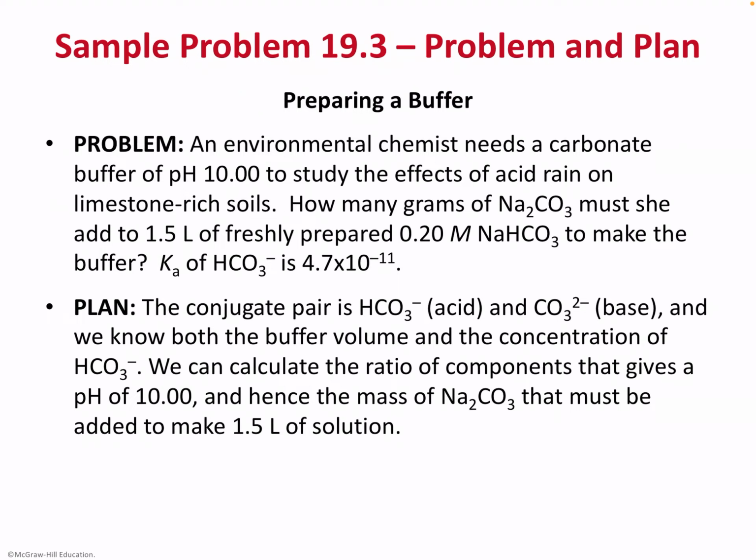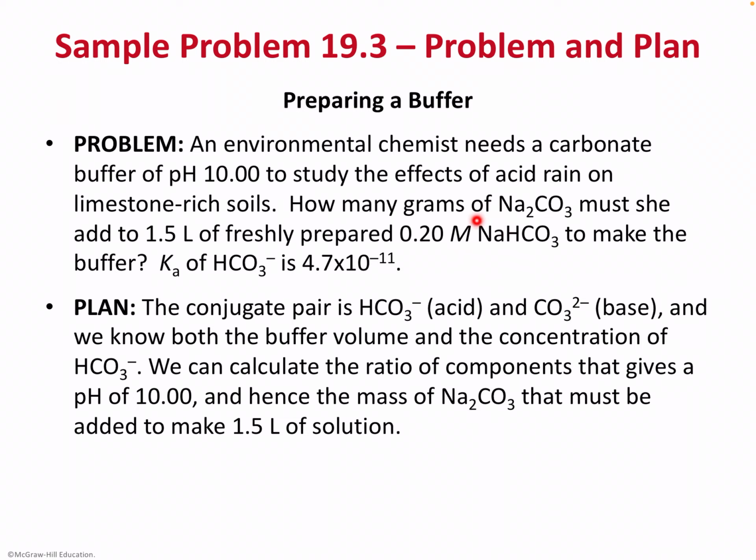Ka of the hydrogen carbonate is given. Okay, so the pH of the buffer is going to be pH 10. So we cannot use an acid like acetic acid or any acid because pH 10 is basic. So you need to use a base and the conjugate acid of that.